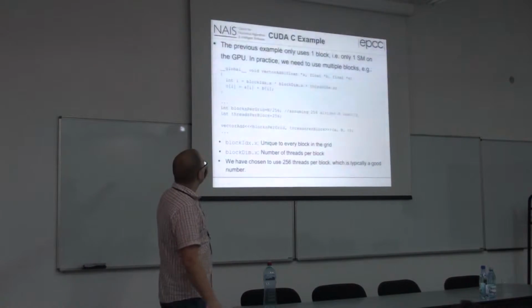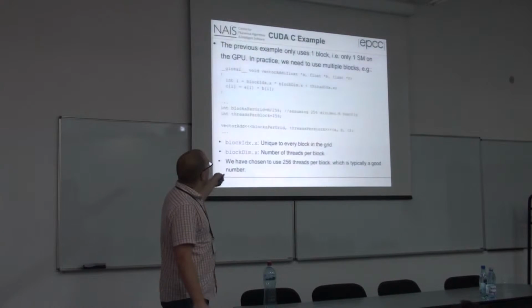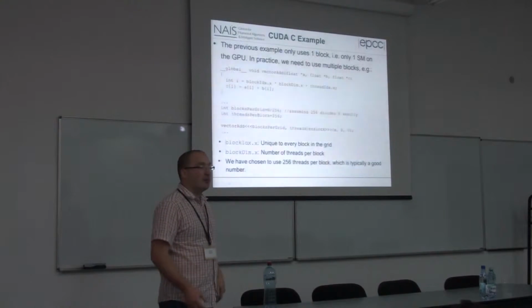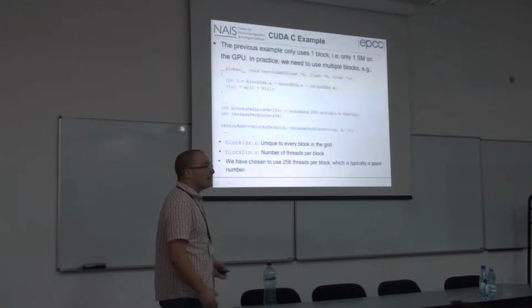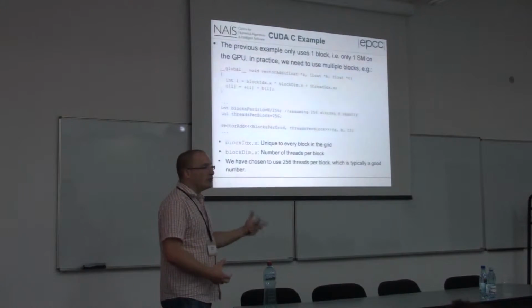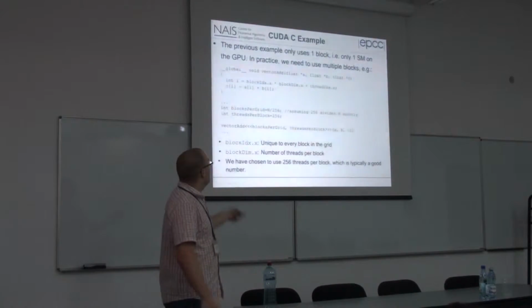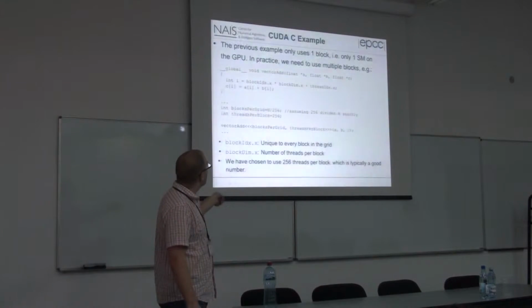So we can do that by choosing 256 to be the number of threads per block, and then choosing as many blocks as you can split that up into: how many 256s you have in your full vector.